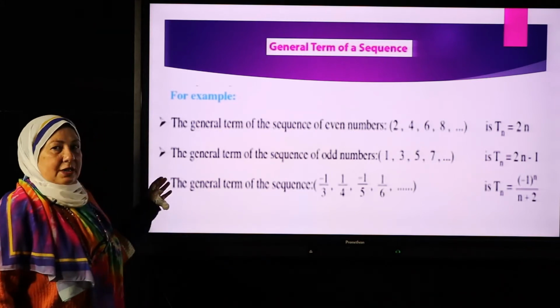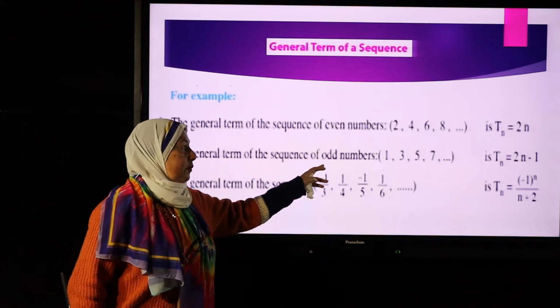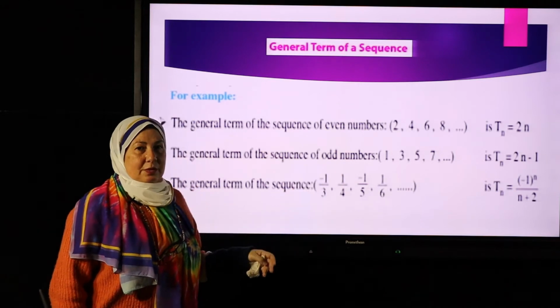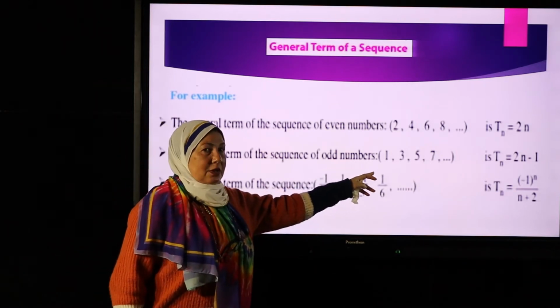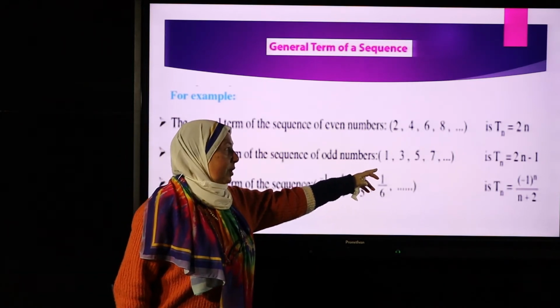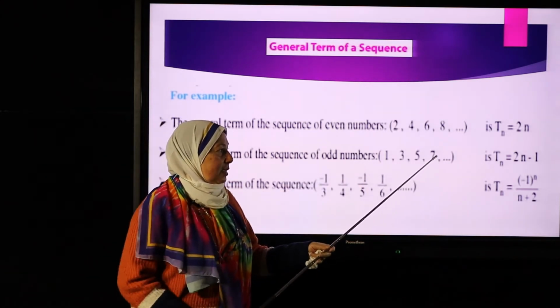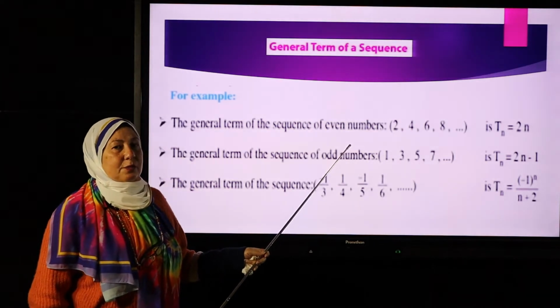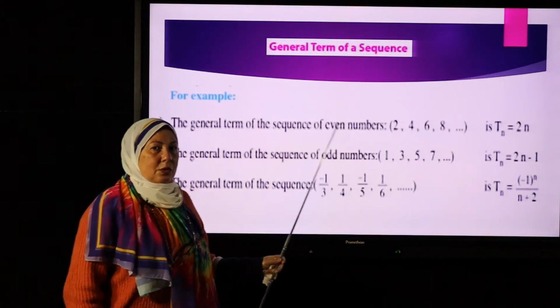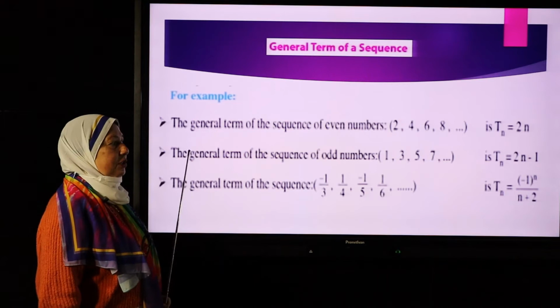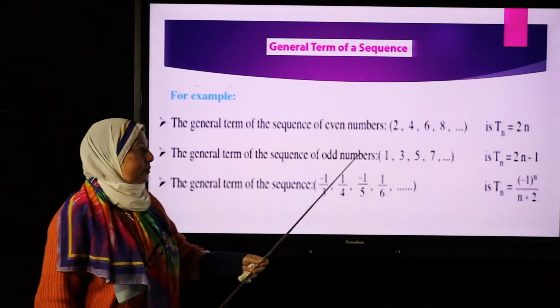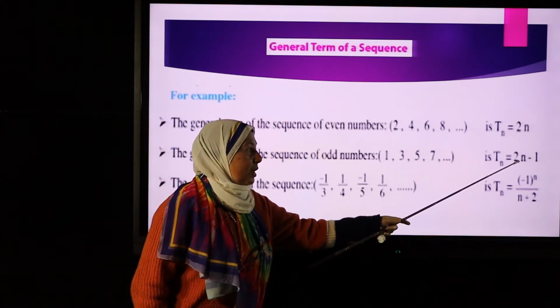Find the general term of the sequence of odd numbers. Let the sequence be: first term equals 1, second term equals 3, third term equals 5, and so on. This sequence is the set of odd numbers. Find the general term. The general term is 2n minus 1.